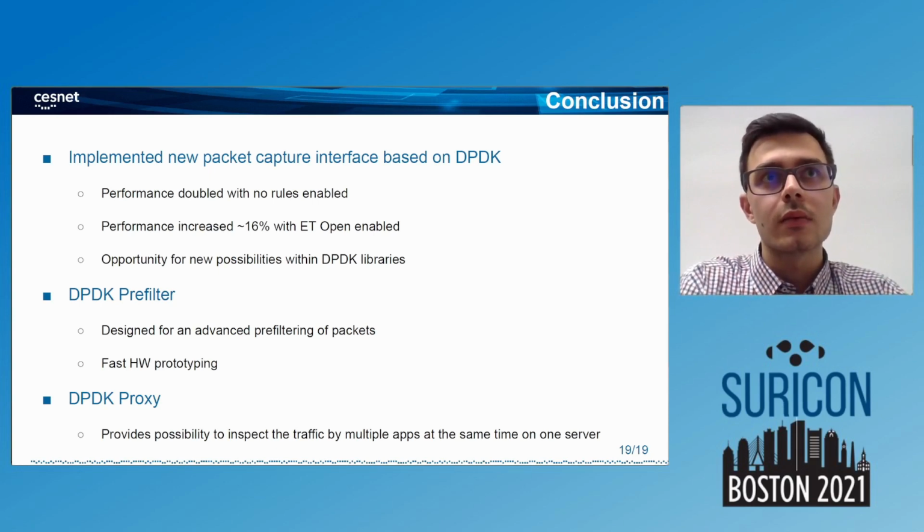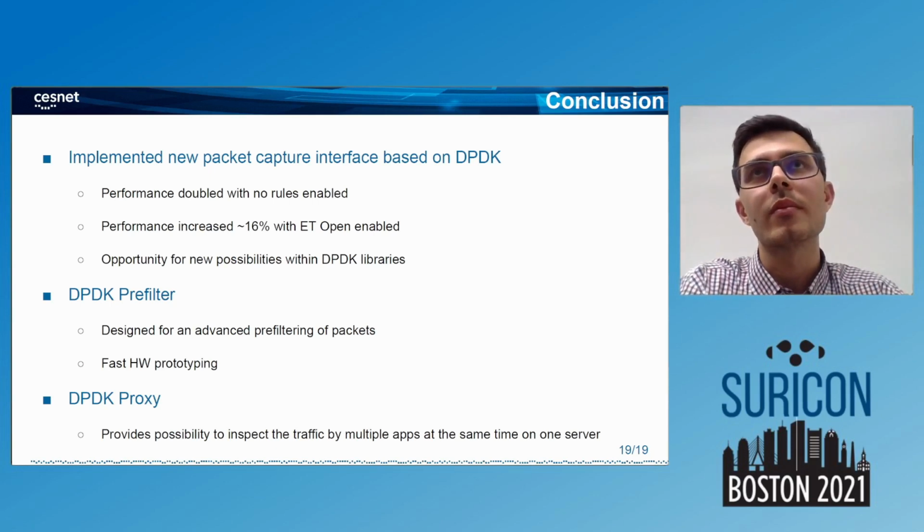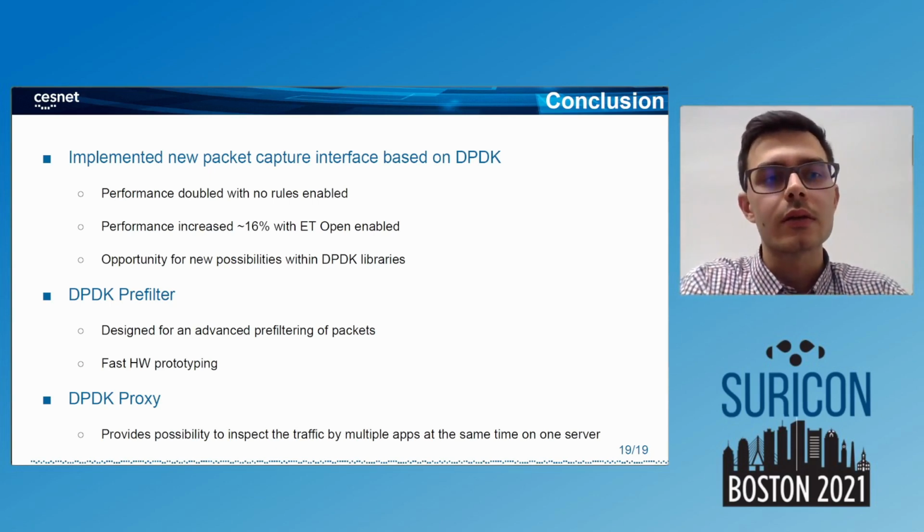It doubled the performance of the packet reception with no rules enabled compared to AF packet, while it also increased by 16% the performance of Suricata with ET open rules enabled. And from my point of view, it created opportunities for new possibilities with the DPDK library.